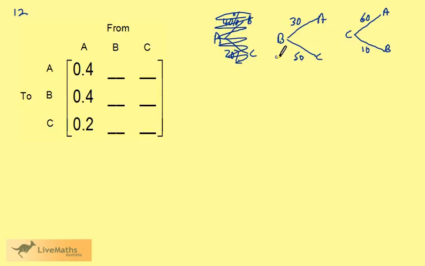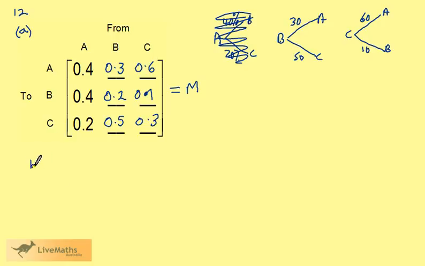So for B, we know that it's going to lose 30% to A, 50% to C, meaning it must retain 20%. C loses 60% to A, 10% to B, meaning that it must retain 30%. I'm going to call this matrix M.